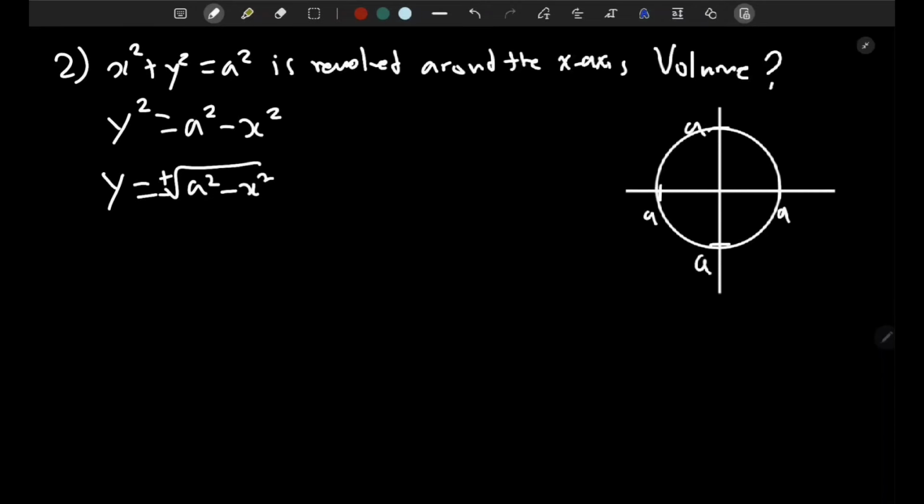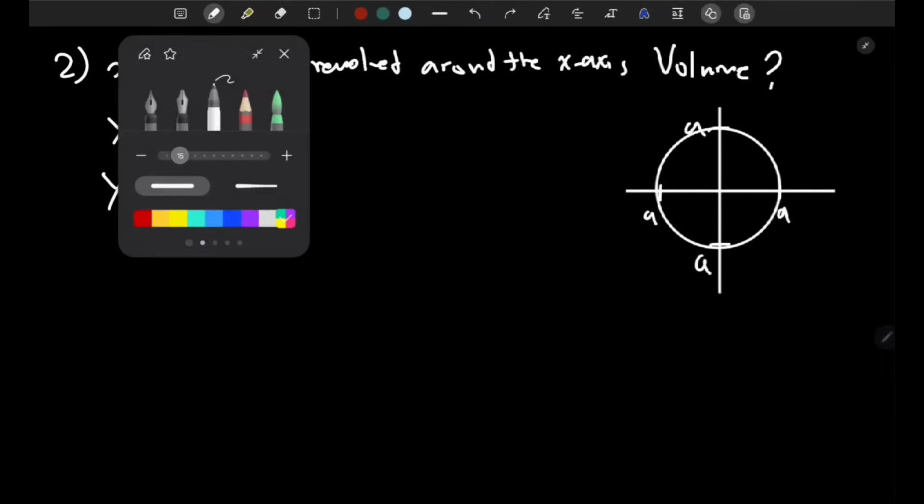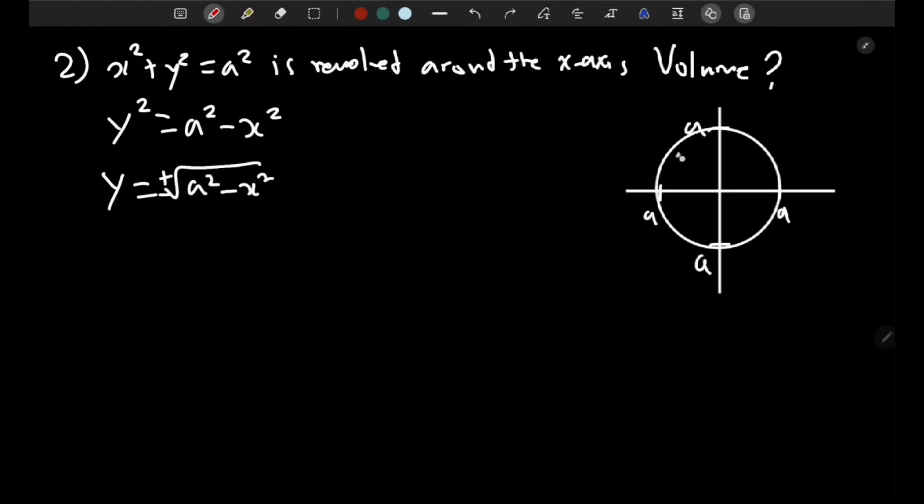And now we are revolving around the x-axis, so the volume that we are finding is these discs inside the circle. So let me do that and change the color again. This is one disc, this is the second disc, and the biggest disc will be in the center, and that's it. The radius of the circle is from 0 here to this point, which is r, and over here is going to be r.